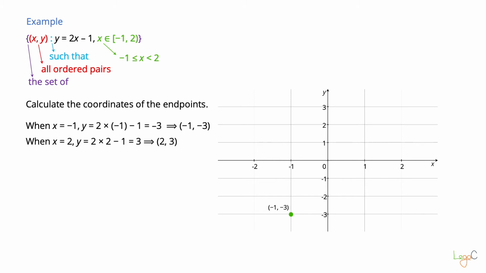Notice that the point with coordinates -1 and -3 has a dot because of the square bracket, and the point with coordinates 2 and 3 has a circle because of the round bracket. So the domain is from -1 to 2, and the range is from -3 square bracket to 3 round bracket.